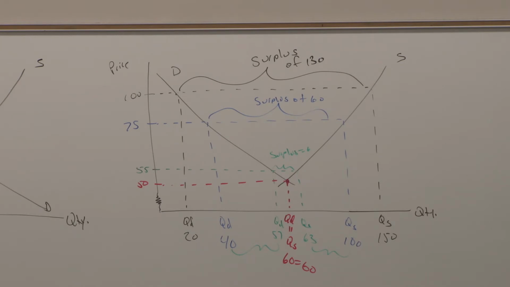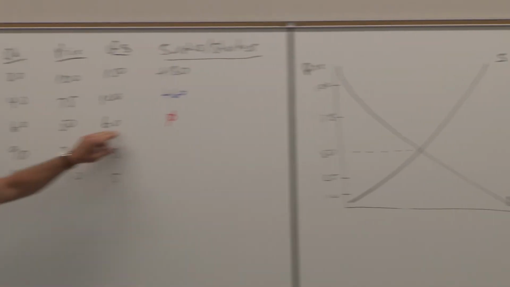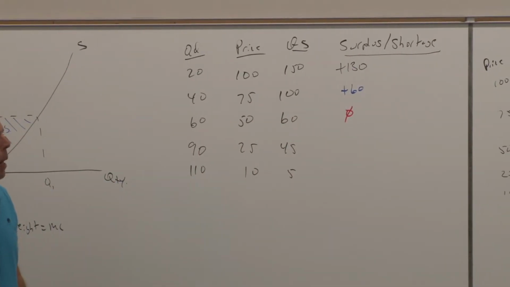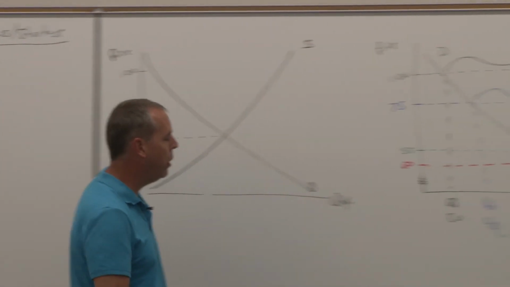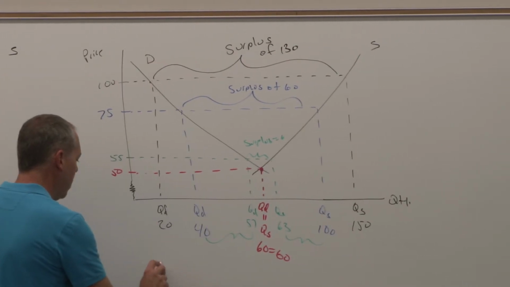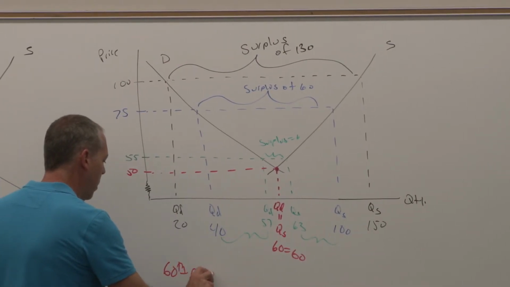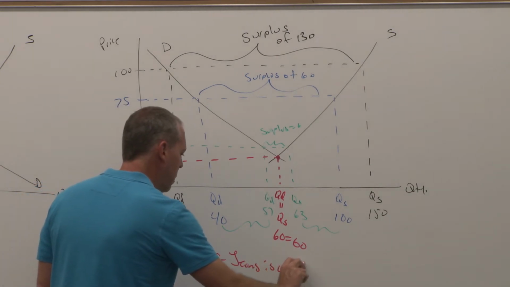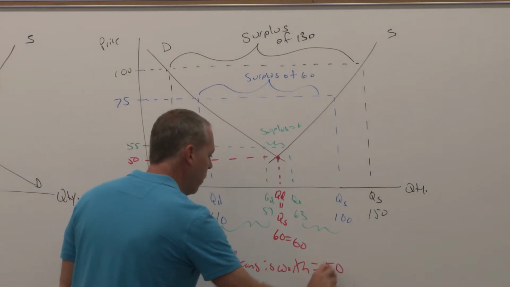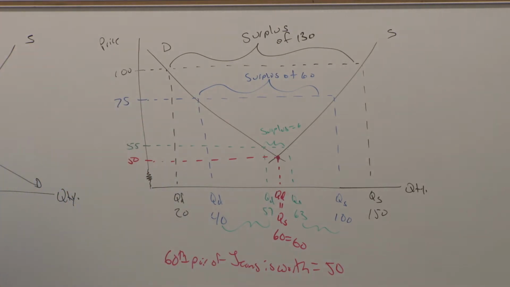What we have here is that there's no surplus. Surpluses make prices fall. There's no more surplus. There's no more reason for price to fall anymore. The quantity demanded is exactly equal to the quantity supplied. And the 60th pair of jeans here is worth how much to people? Very good. And how much does the 60th pair of jeans cost to make? $50.